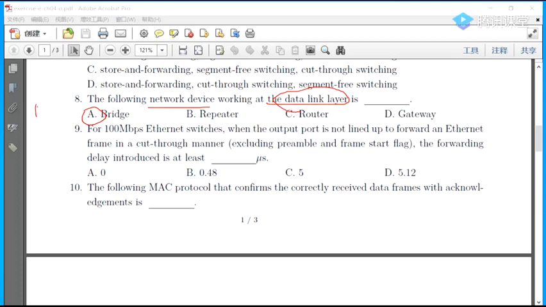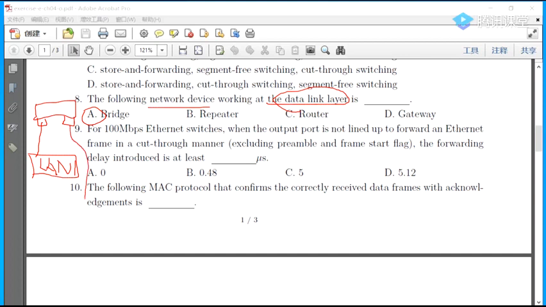If this is a bridge, it has two ports. One port is connected to LAN 1.